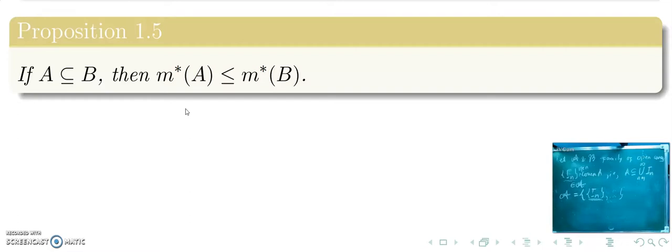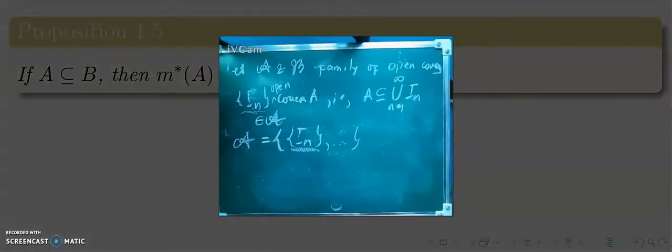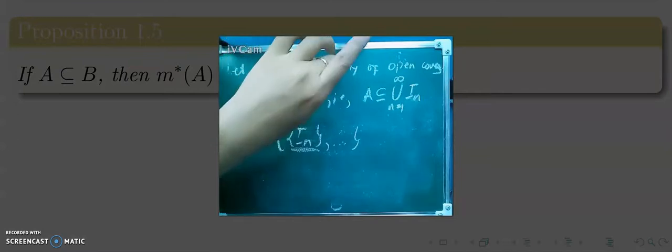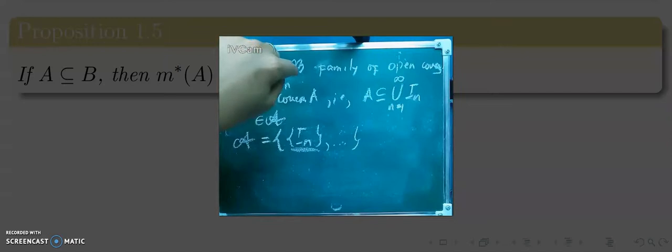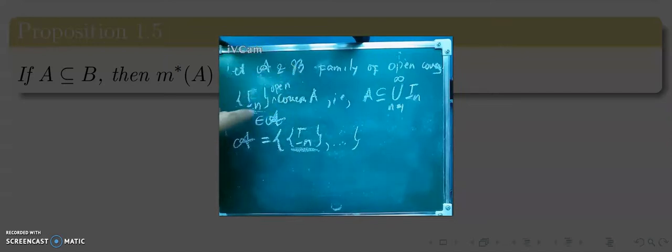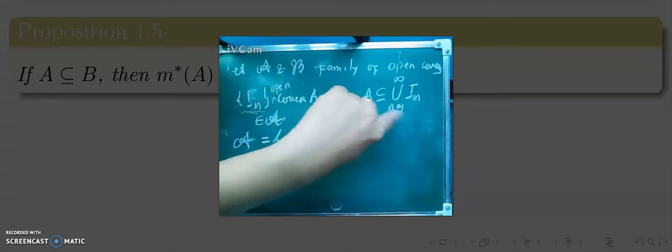To further illustrate the concept of the family of open covers, let me have an illustration here. So please take note of this. I will erase this. By the way, script A and script B are the families of open covers, A for set A and this is for B. So we have here open covers of A. We have this notation.